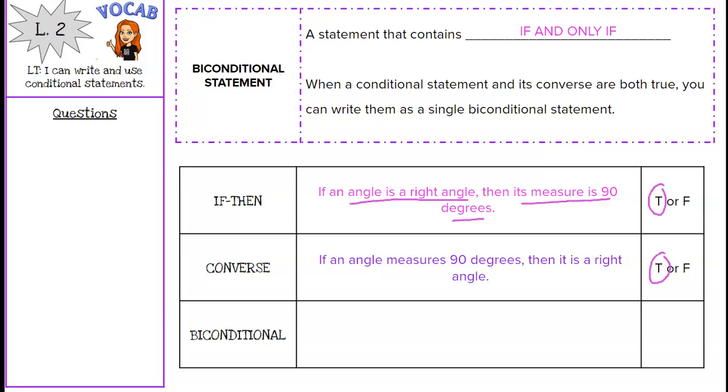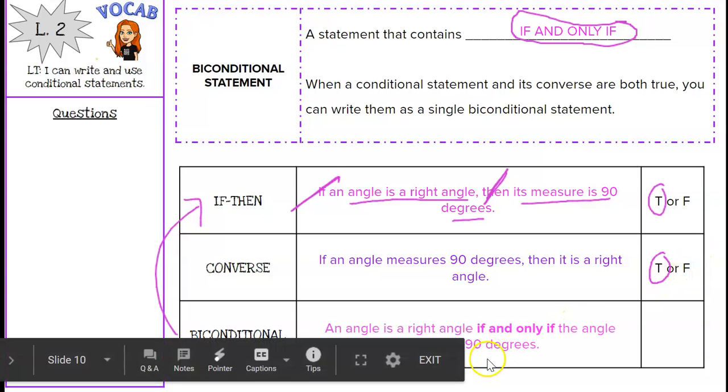So then to write the biconditional statement, we're going to write it in the order of the if-then. So we're going to go to the if-then. And we're going to take out the if, we're going to take out the then, and we're going to write a biconditional statement with if and only if in the middle. So as you can see, it's going to look like this. An angle is a right angle.